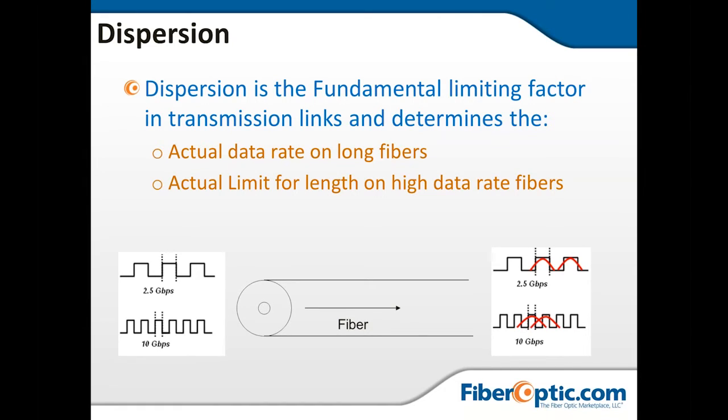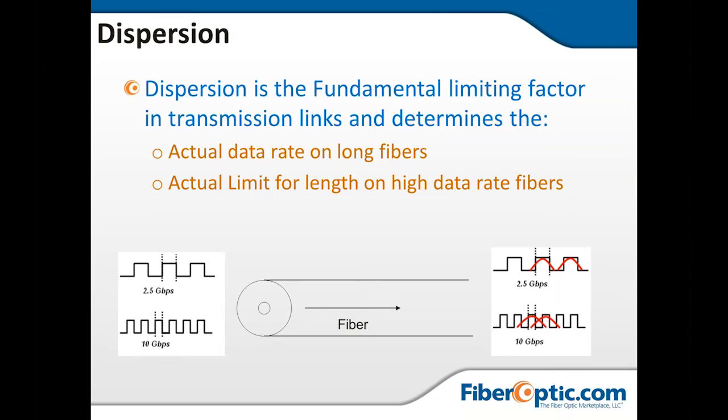Well, at 2.5 gig, we can very easily still see ones and zeros. But you'll notice at 10 gig, the same amount of pulse spreading, or the same amount of dispersion, gives us no zeros. Pretty soon we start getting bit errors, and the phone's ringing and the sky is falling, and basically we can't go 10 gig with the amount of dispersion that's indicated by this piece of hypothetical fiber.